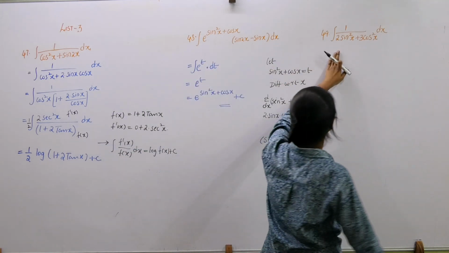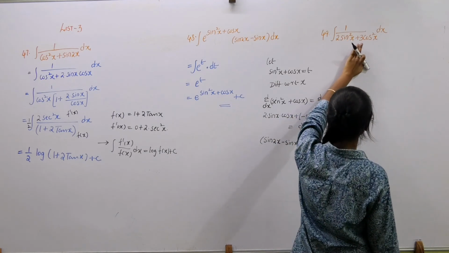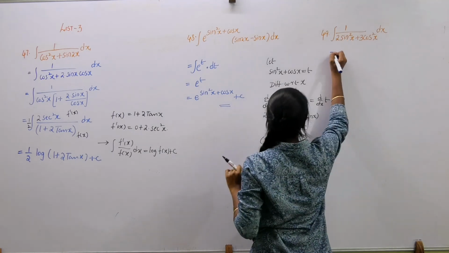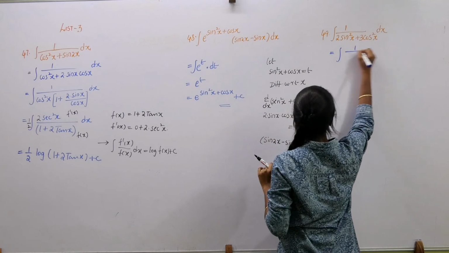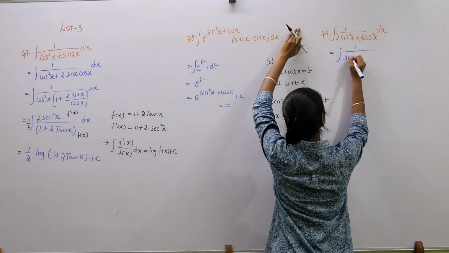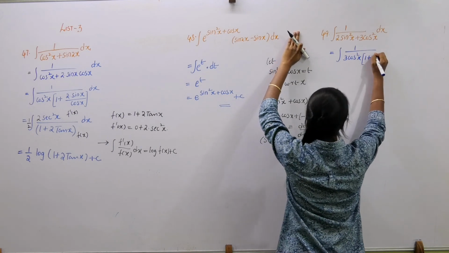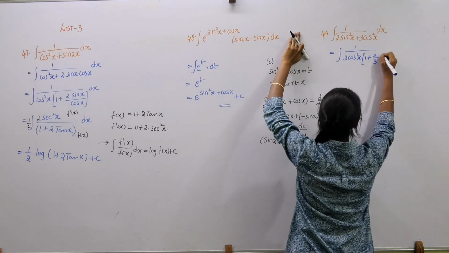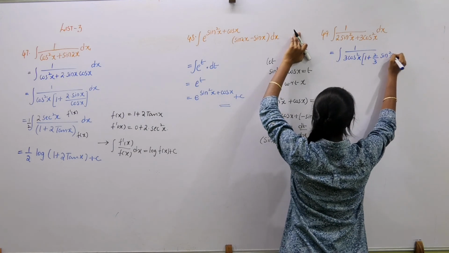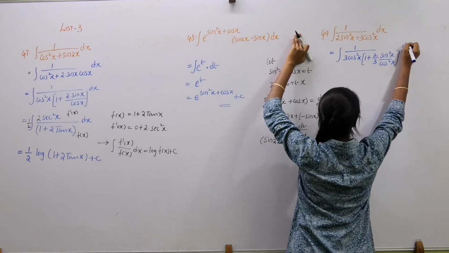Okay. Next one, 49th one, integral 1 by 2 sin square x plus 3 cos square x dx. Is equals to integral 1 by, in the denominator, taking 3 cos square x as common, then we have 1 plus 2 by 3 sin square x by cos square x dx.